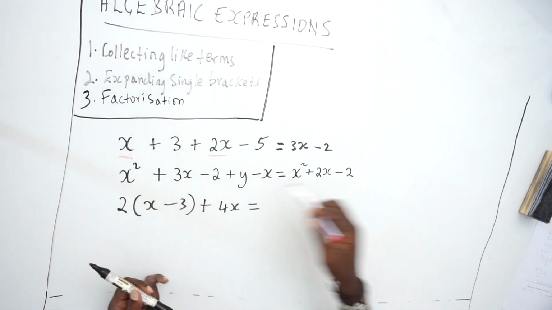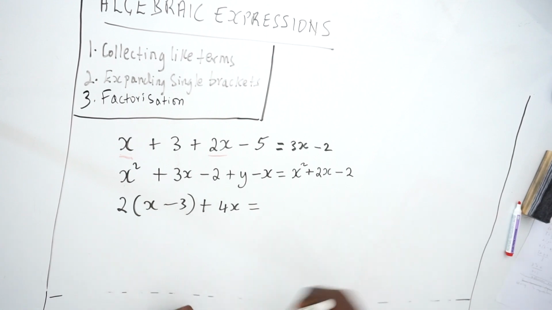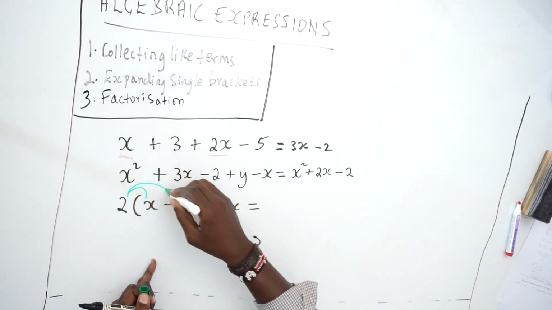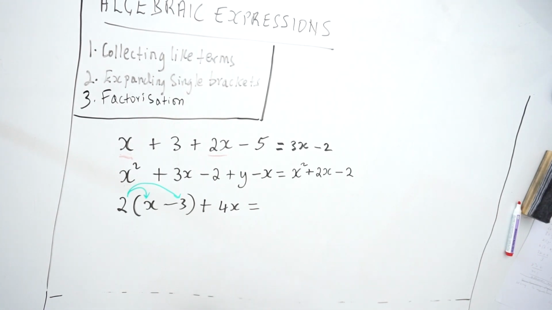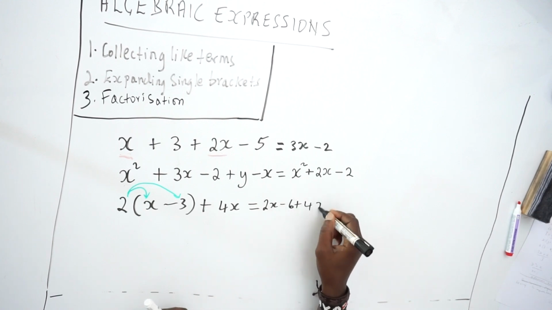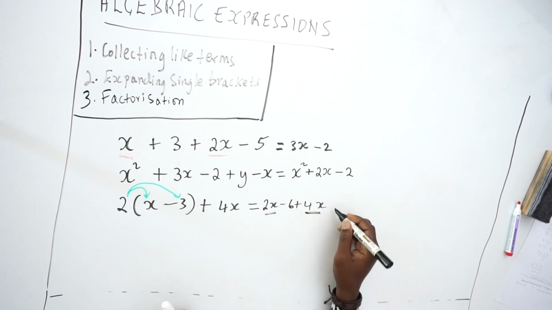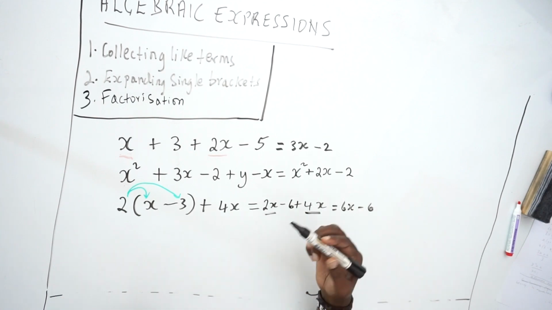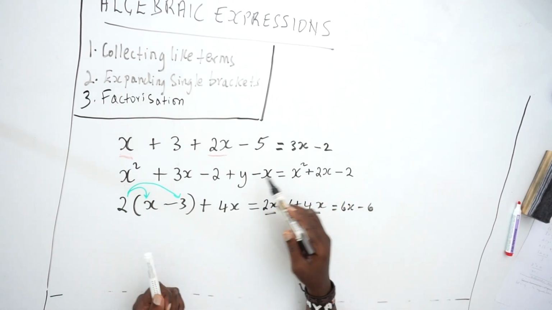The number outside multiplies: you open the brackets by multiplying 2 with x and 2 with 3. Your result would now be 2x minus 6 plus 4x. Collecting the x's together, you end up with 6x minus 6.